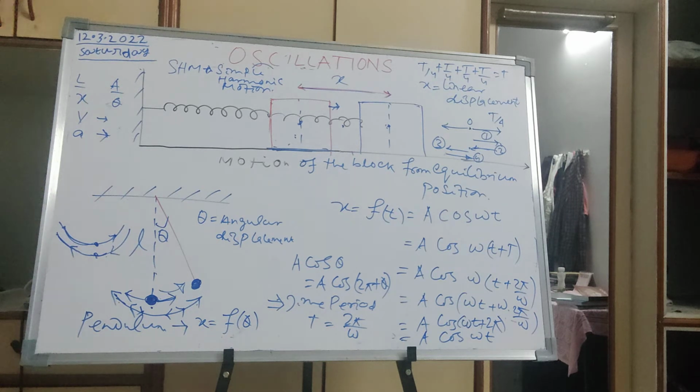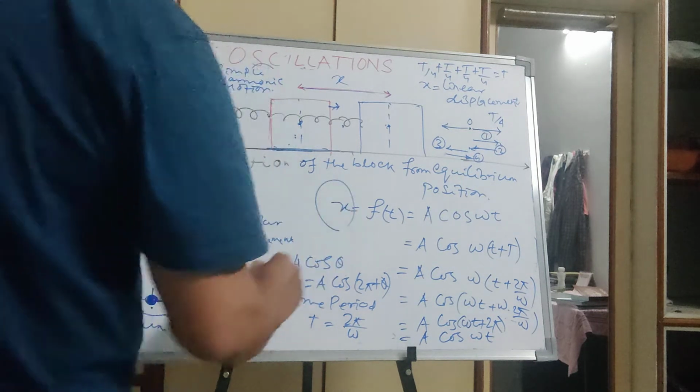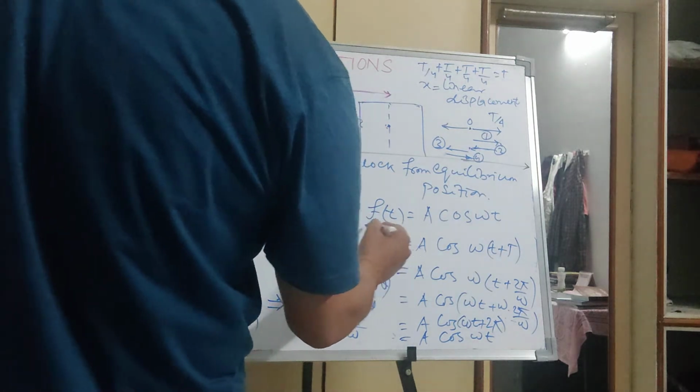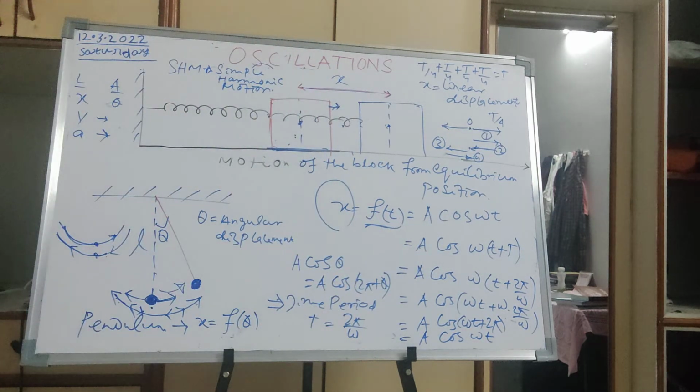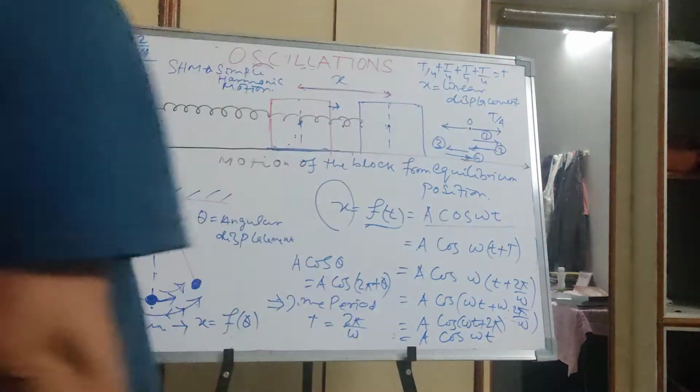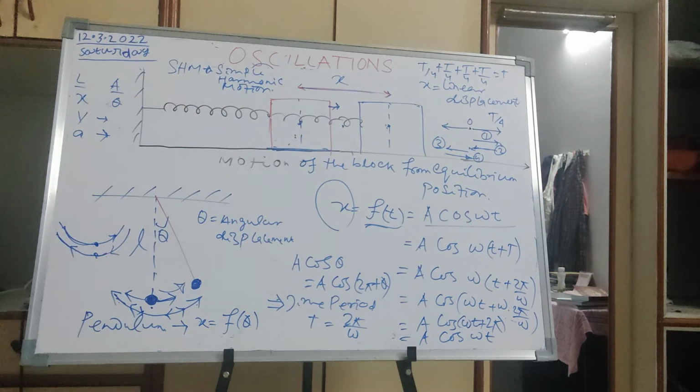Now how do we write this oscillatory motion, this displacement? This displacement is a function of time. So the equation x = A cos omega t defines this type of motion.